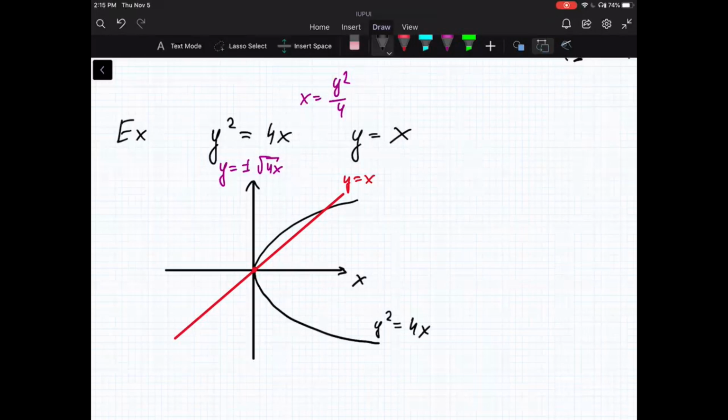And so we see that indeed there is a region that is bounded by these two curves. And in fact, we are not interested in the part which is below, only in the part which is just plus square root of 4x.